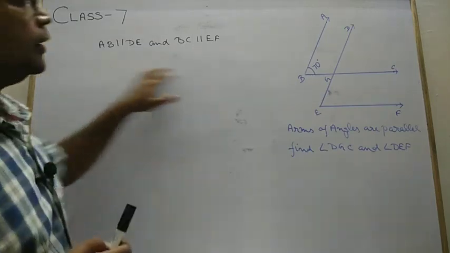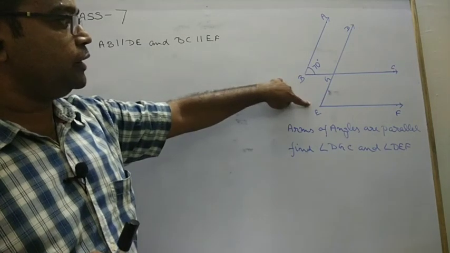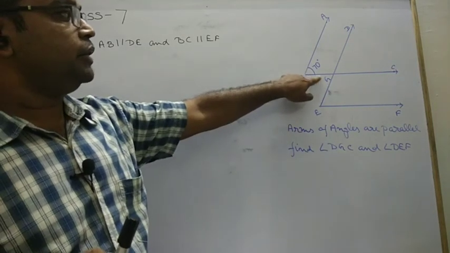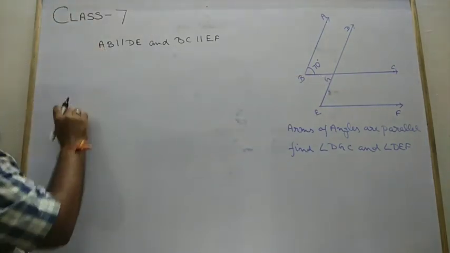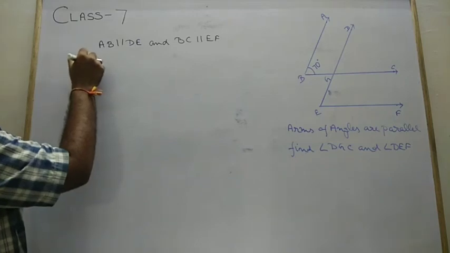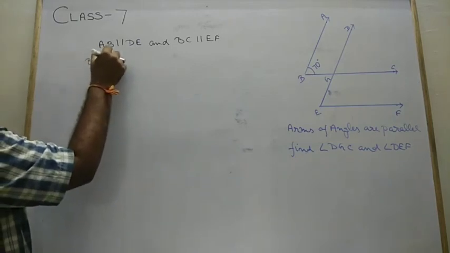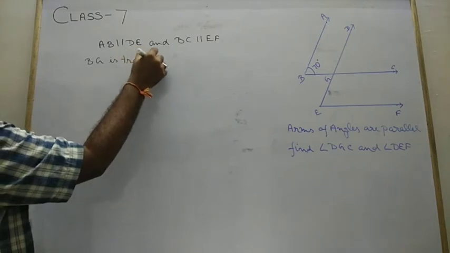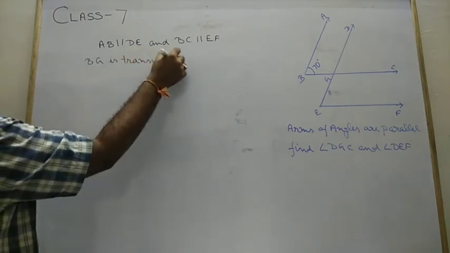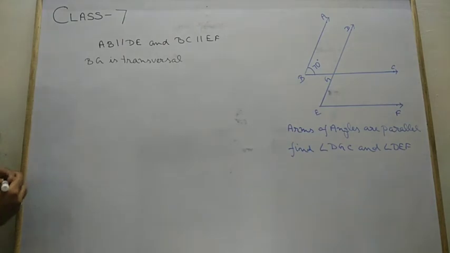Since in this case AB is parallel to DE, line BG is a transversal. I am writing for this one.